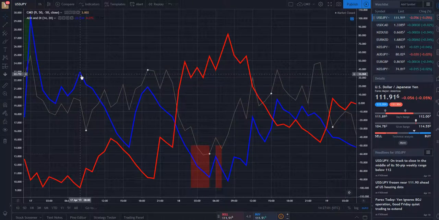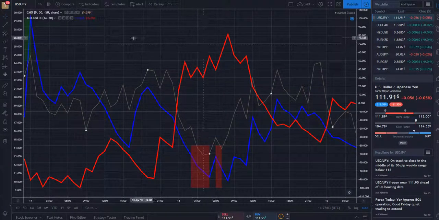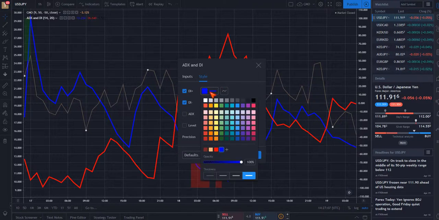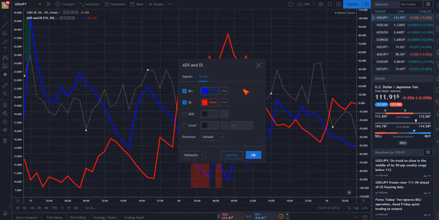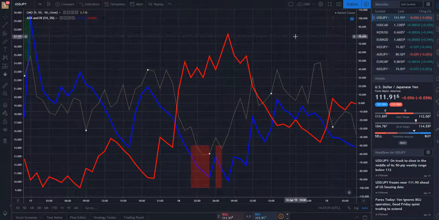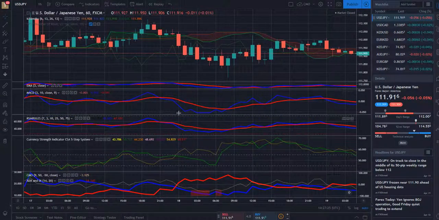So you got the blue and the red in line with the Davin's 4 rules, and you'll have to change the color, right? So DI plus is blue, DI minus is red. And I can actually grab the really bright red from the RSI 4 rules if you want to learn how to change the color.